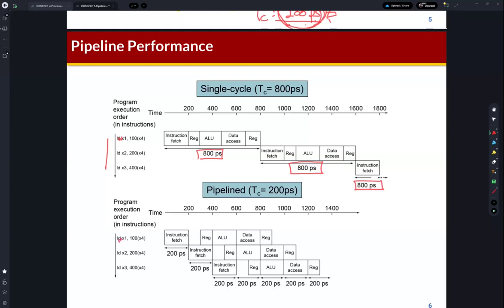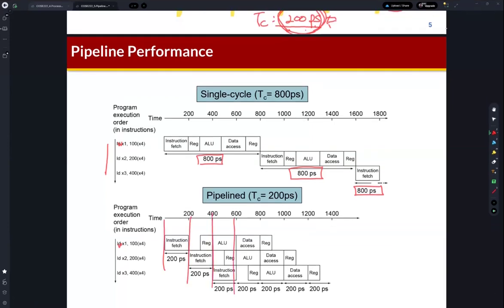But if we use the pipelined processor, then each stage is split like this, so we can just use 200 picoseconds for the clock period, right? This is instruction fetch, instruction decoding, execution, memory, and write back, right? And then another instruction fetch, ID, execution for the next instruction.